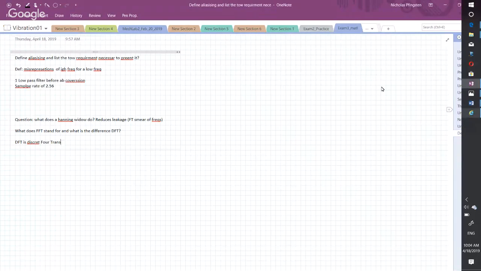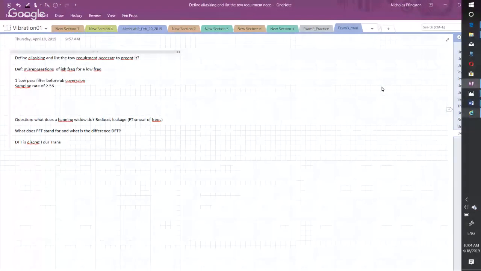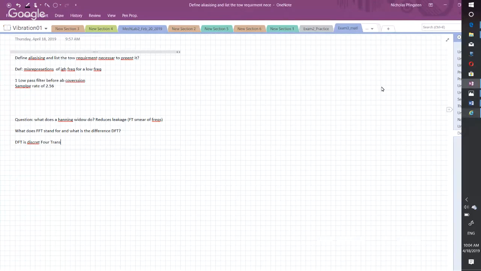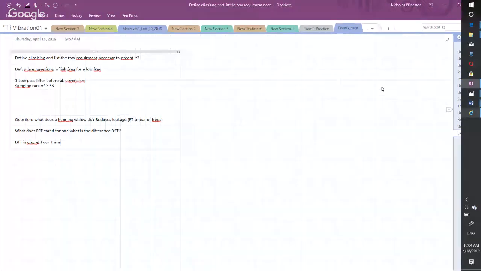I don't really think it's that tough, but list the 4 steps in FEA pre-processing. All right, so pre-processing is what? Define your geometry. Define material properties. Define your boundary conditions. And mesh.